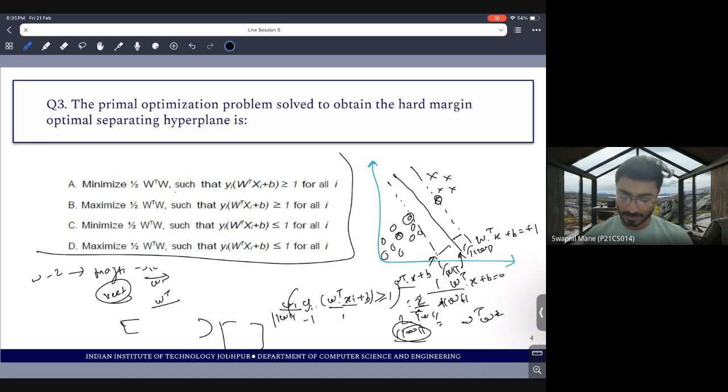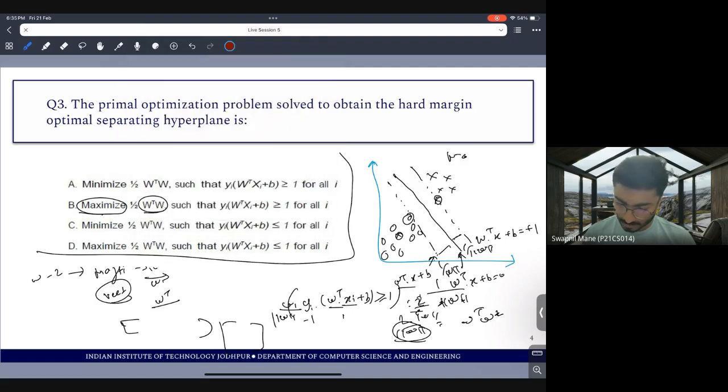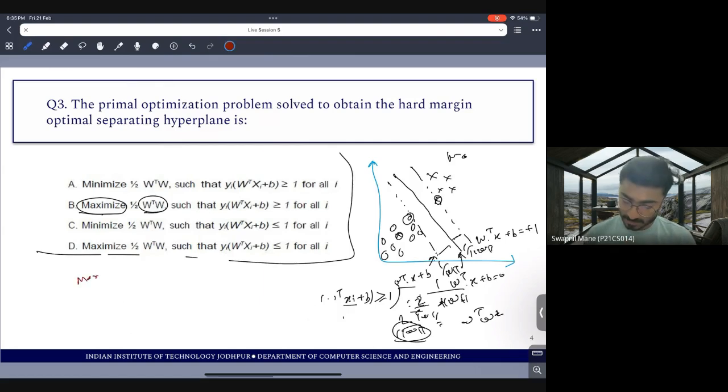We need to maximize the margin. Here the maximize margin distance we have seen is in W, right?